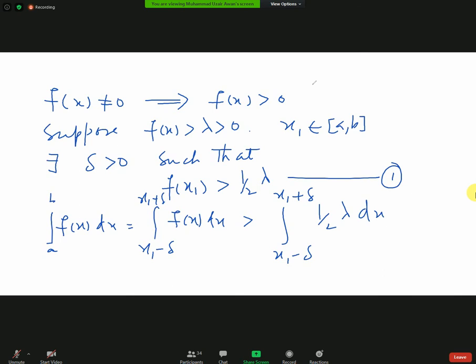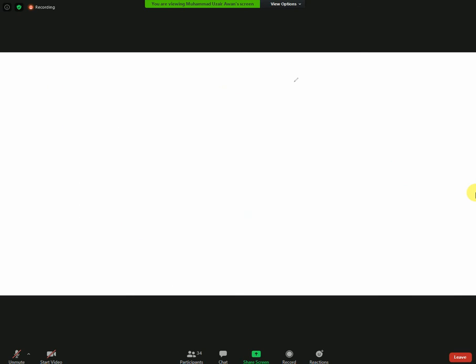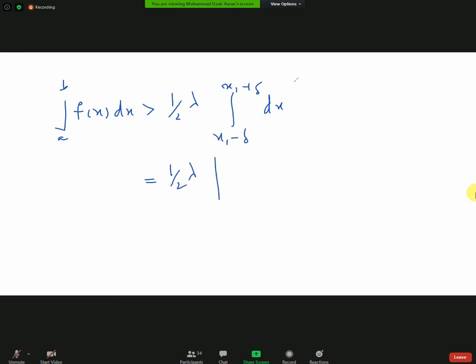So this implies half lambda integral x1 minus delta to x1 plus delta dx. That is equal to half lambda, x1 plus delta minus x1 plus delta.